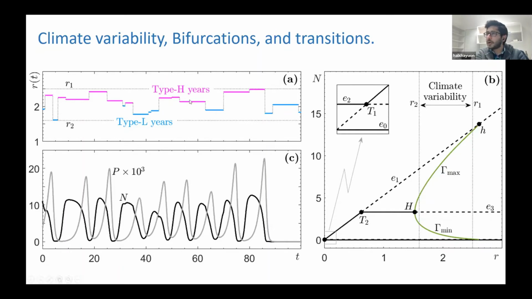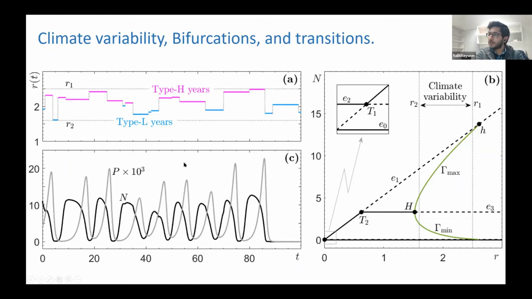But here in this example, I give you this time series of R of t, where we keep R of t piecewise constant over a certain time interval, and the length of these time intervals is a random variable, and the value of R in each of these time intervals is a random variable as well.